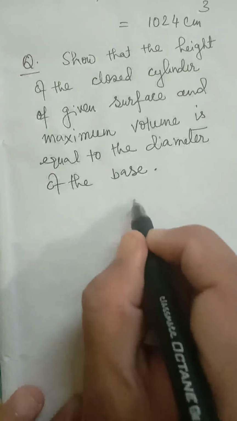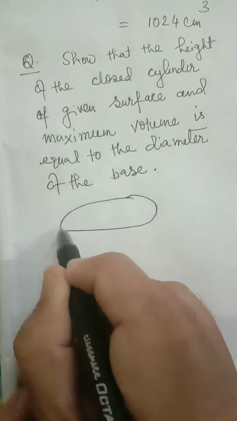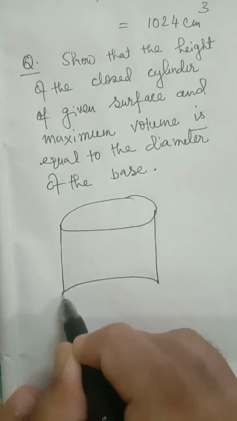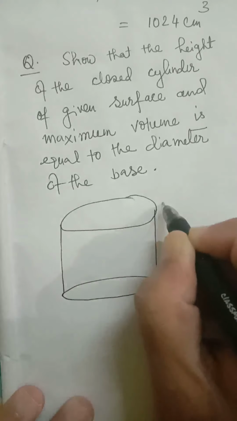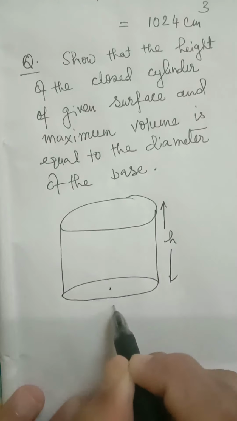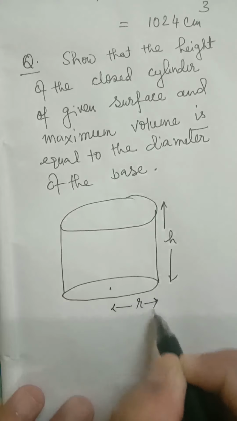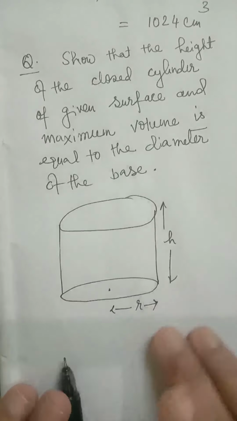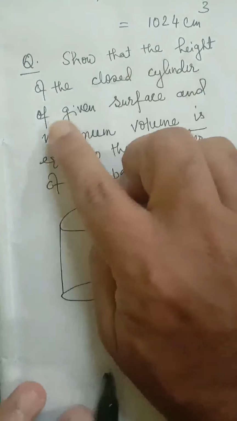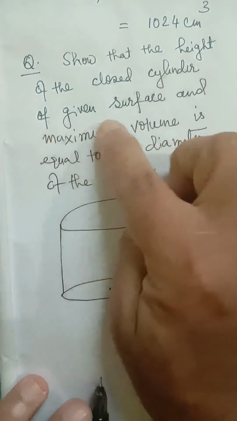Height of a closed cylinder, suppose let us consider this cylinder. Suppose h is the height, r is the radius of the base. See how will you read the question? Height of the closed cylinder of given surface.